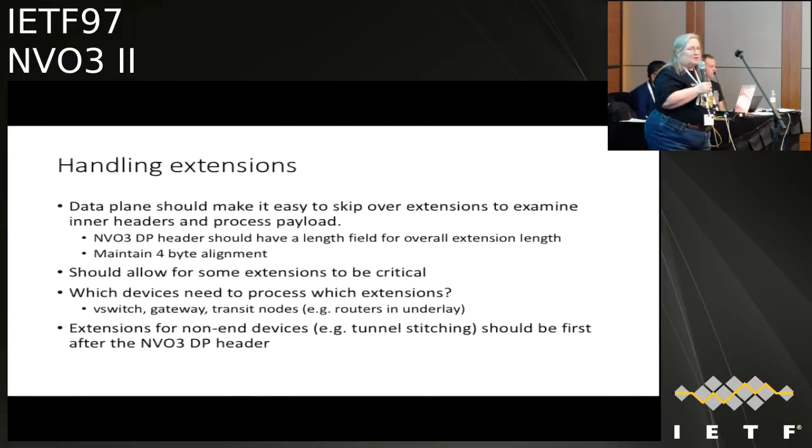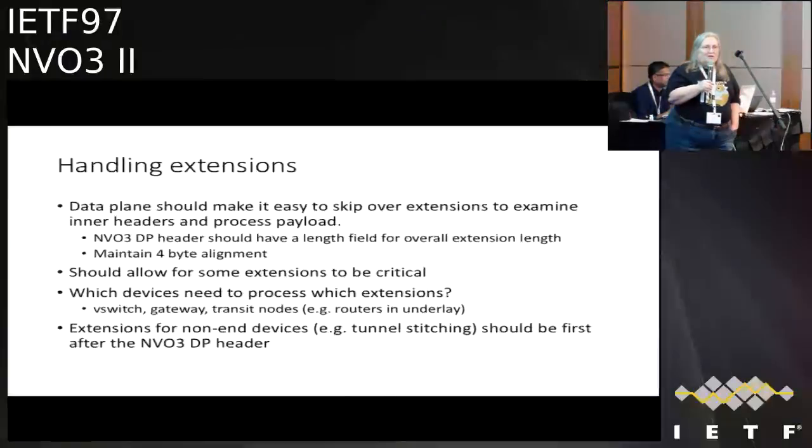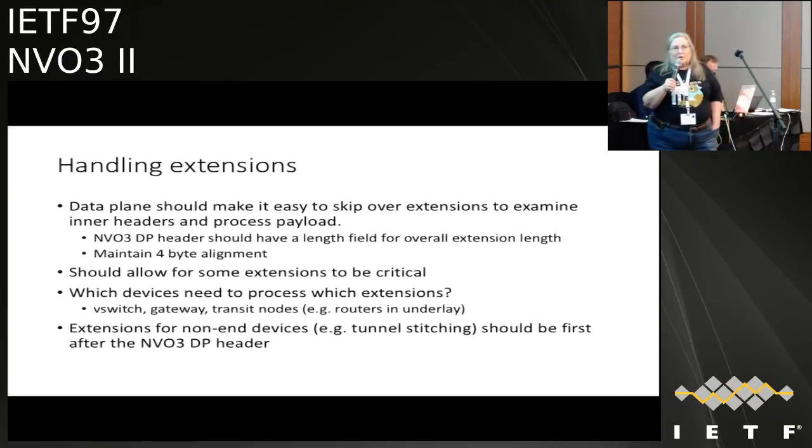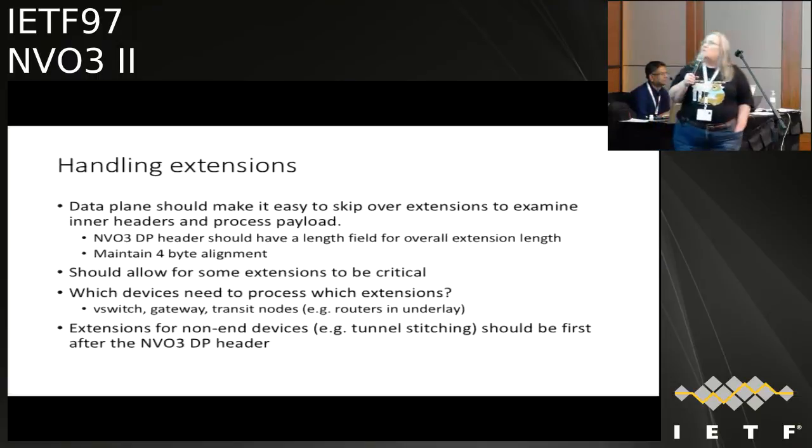For instance, a tunnel stitching extension to help an NVE that's at the edge know what to stitch, what the next tunnel is. Extensions for non-end devices should be placed earlier in the packet, closer to the NVO3 header, so that the nodes in the middle of the network don't have to process through the list to get to them, but they can get to them in the first bytes they see.